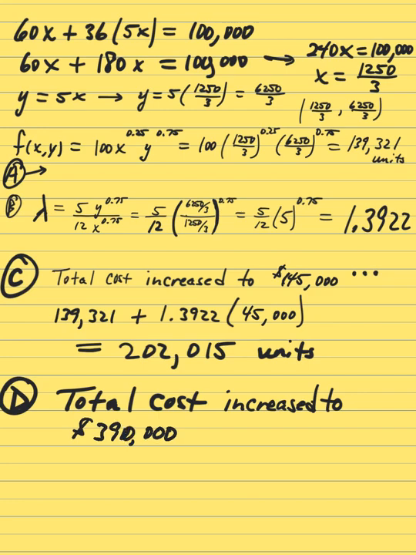Okay, so we're going to take our original value, the number of units we found for just a total cost of 100,000. That's still that 139,321 number.